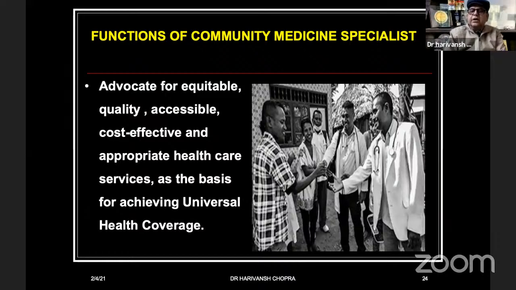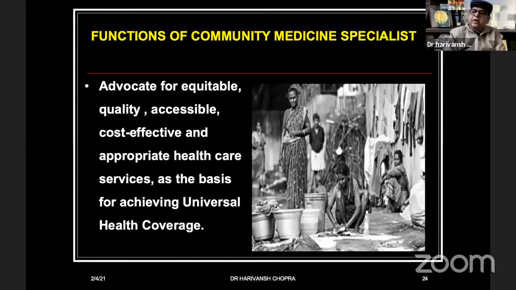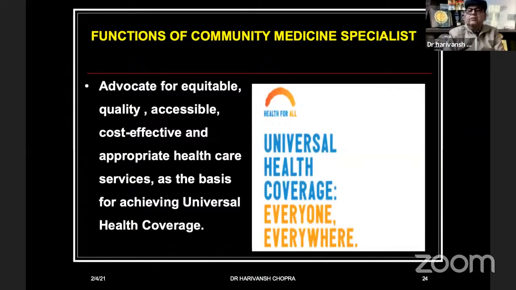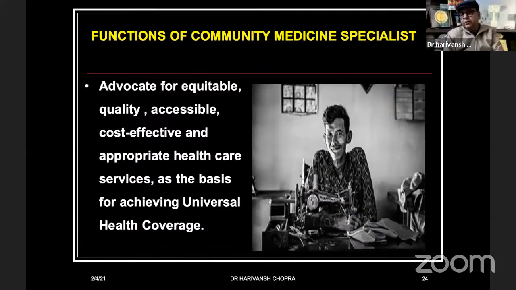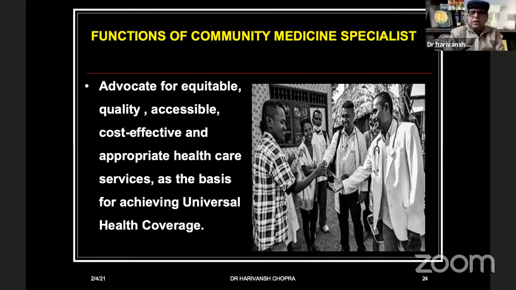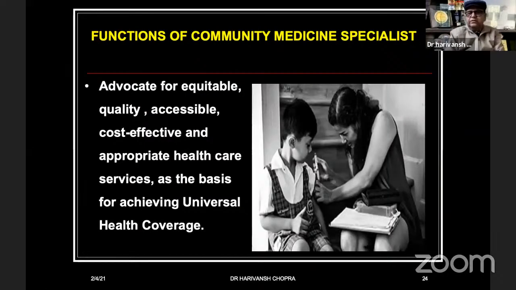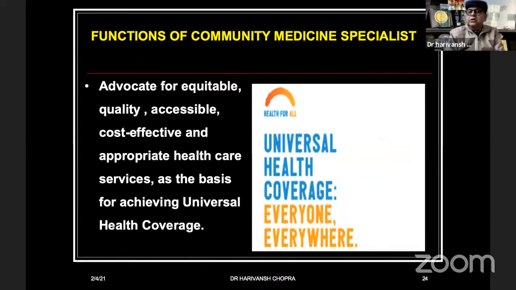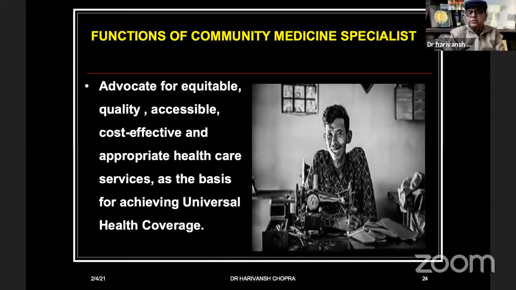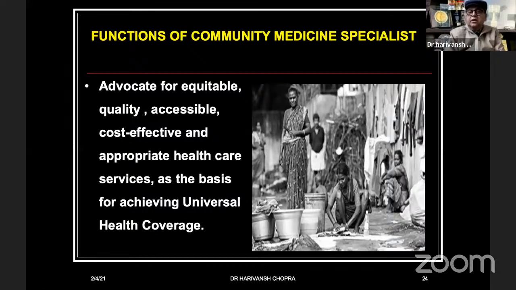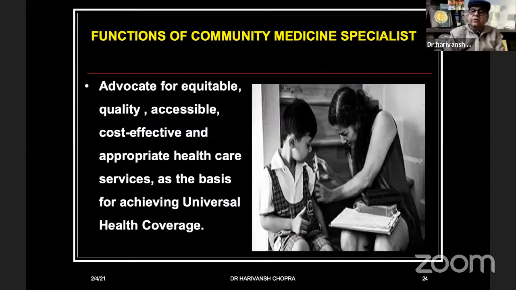There cannot be a compromise on the quality or accessibility of services for people living in rural areas versus urban areas. There cannot be a compromise on the cost effectiveness and the appropriate technology used for achieving universal health coverage. So you will have to advocate for that. That is why advocacy is required.